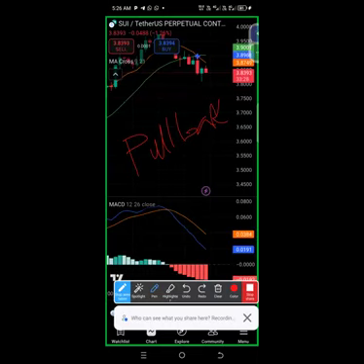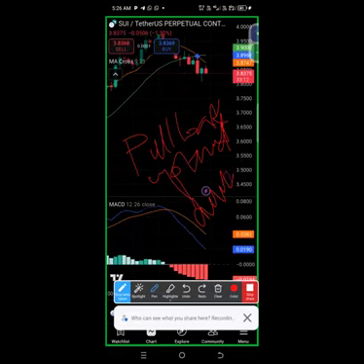mostly the higher time frame may be showing the exact picture of the market. So if the higher time frame is saying it is an uptrend, now the lower time frame may be saying it is a downtrend, which simply means within a short period of time, if you make a decision on the downtrend, it will be okay.